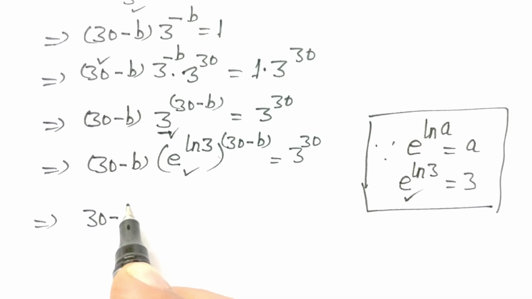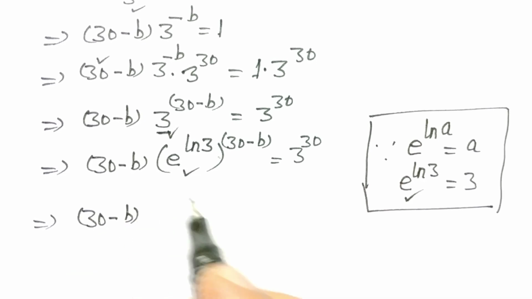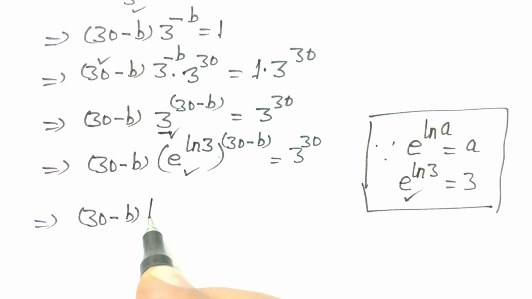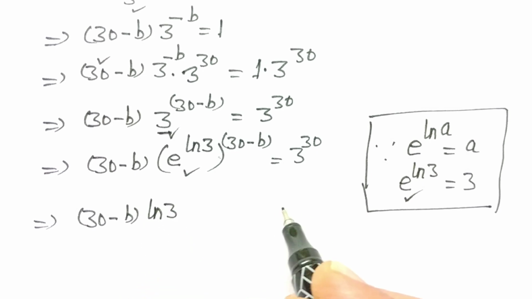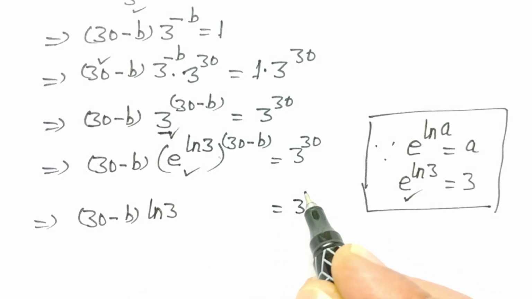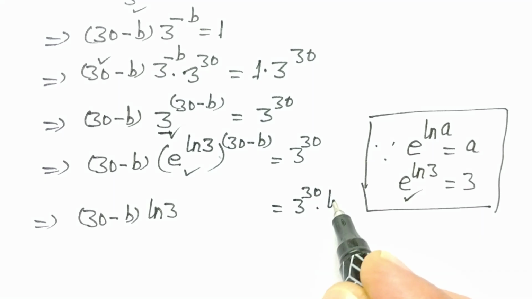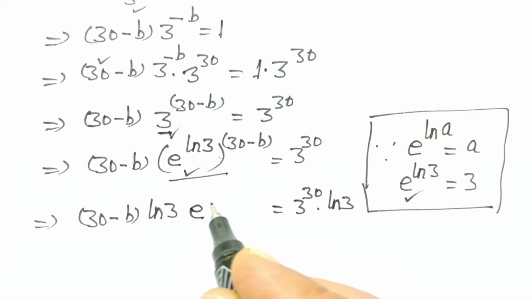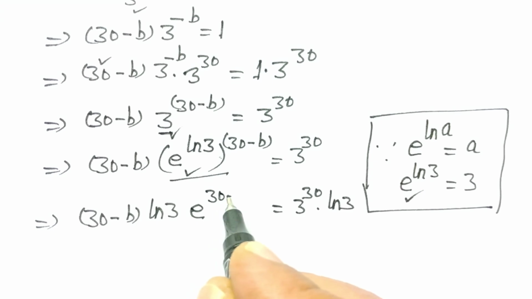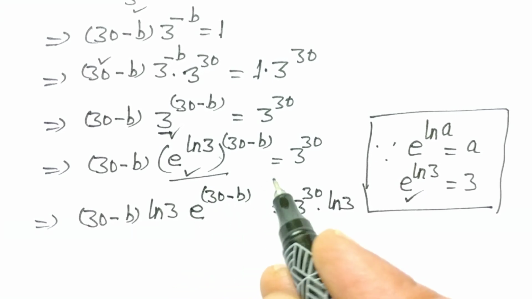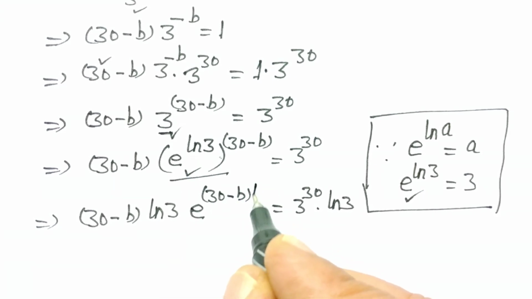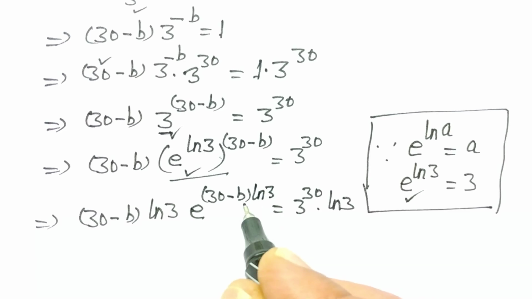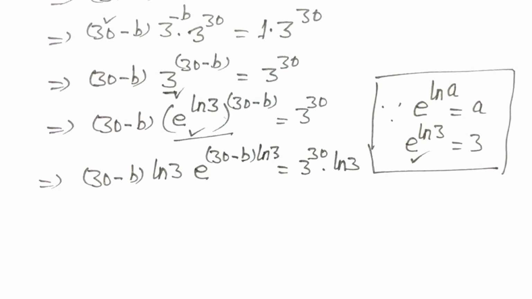Now (30 minus b). If we multiply both the sides by ln 3, here also 3 to the power 30 into ln 3, and this part also e to the power, here we can write (30 minus b) ln 3, right?